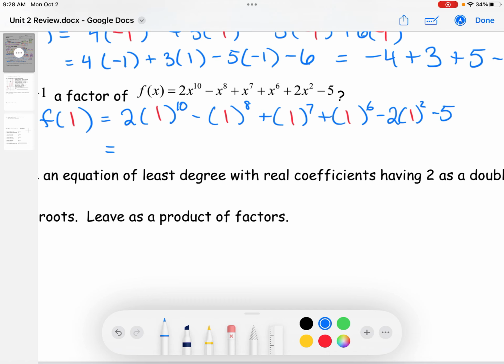So, 1 to any power is simply 1. So, we'll have 2 minus 1 plus 1 plus 1 minus 2 minus 5.